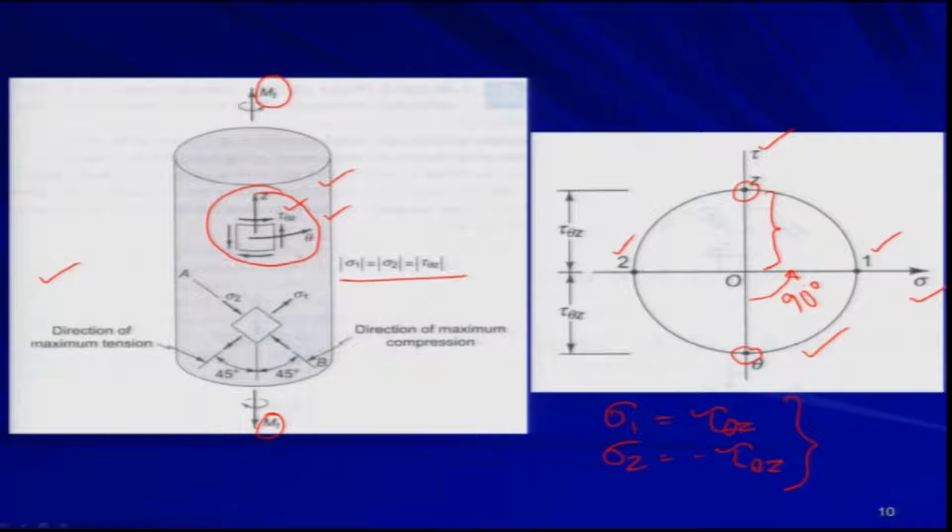Therefore, in the physical plane it will be 45 degrees. This is your theta direction and this is your sigma 1 direction, at 45 degrees.